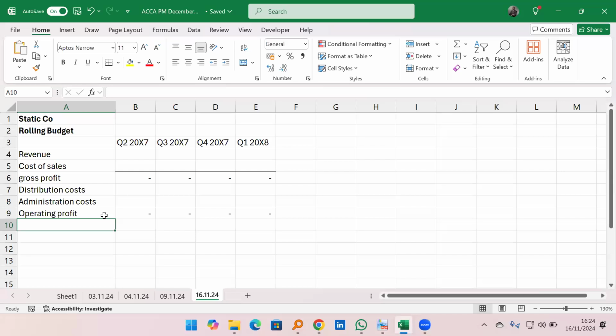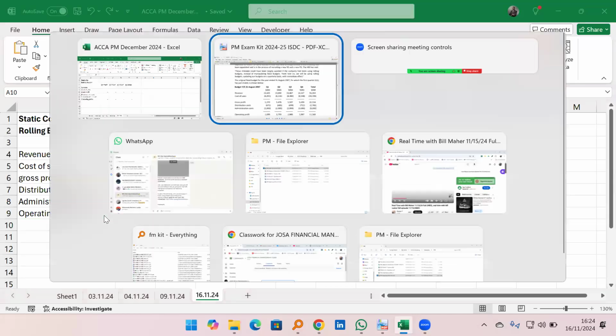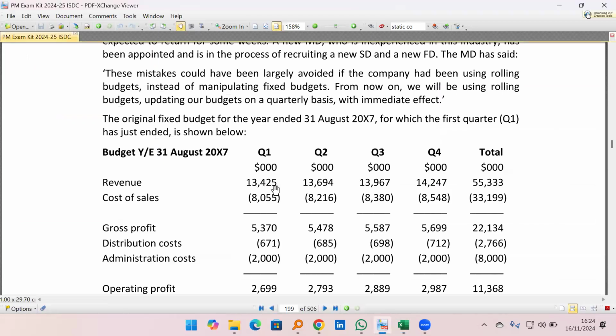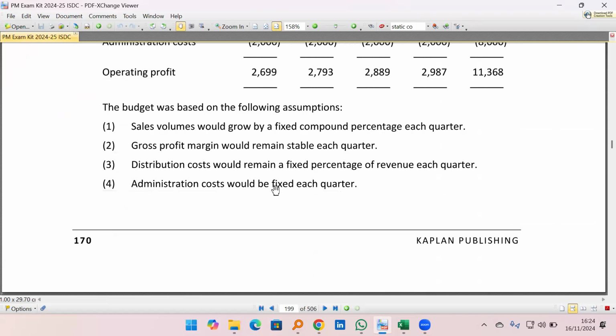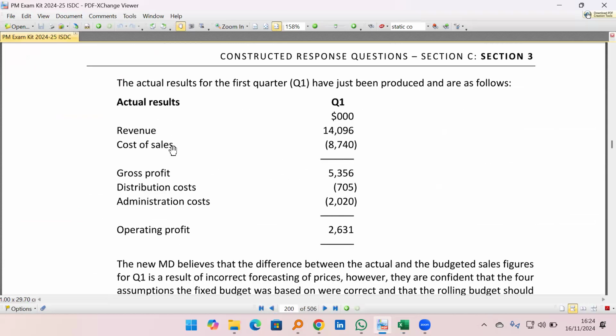Now, remember that if you look at what we had here, quarter one revenue was 13,425. But what has ended up happening is that the actual revenue is 14,096 for quarter one.